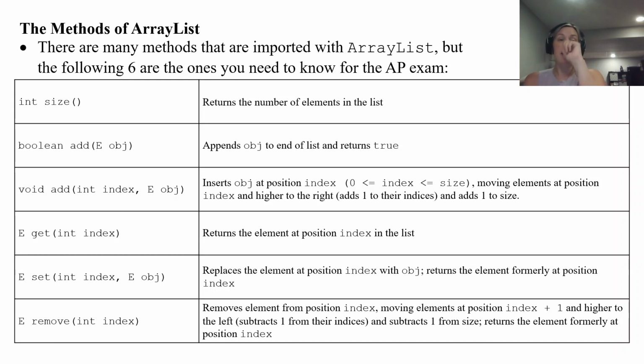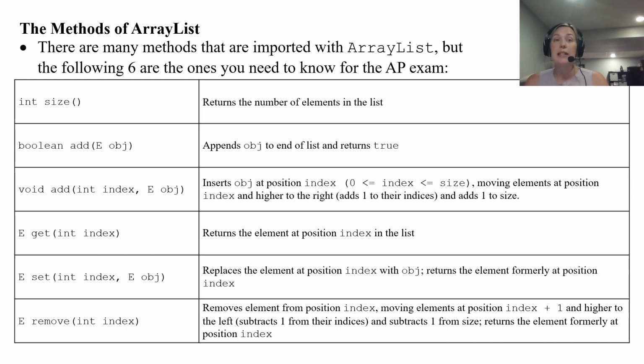The last one is remove. It accepts a single integer index, removes whatever element is there, and returns that element. When it removes an element, it shifts everything back over to the left, so again, it automatically resizes.